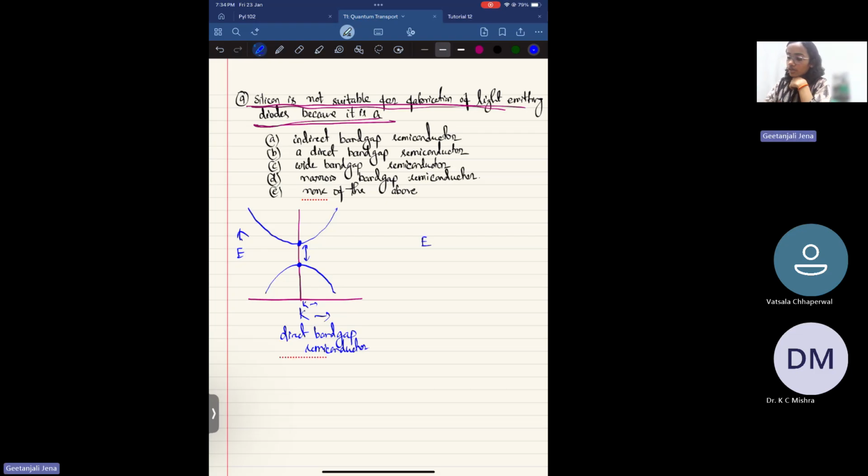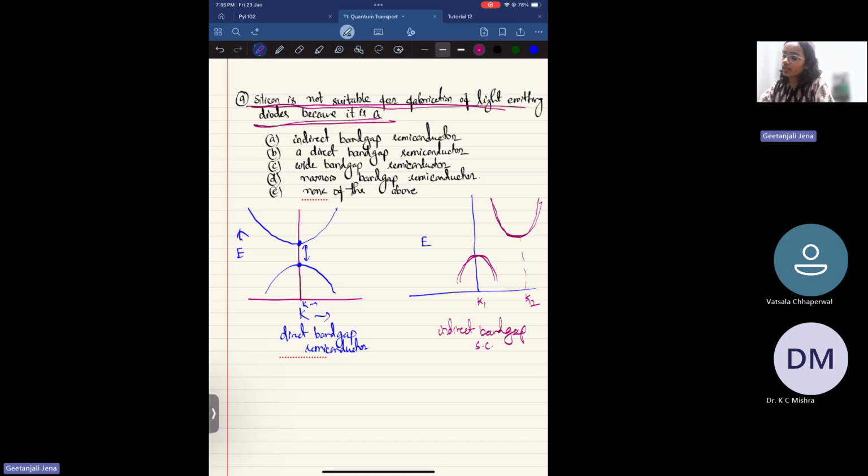But some of the materials have an E-K diagram like this. The conduction band minima and the valence band maxima are separated in K space. Let's say this is the K1 point and this is the K2 point. This is for an indirect band gap semiconductor.